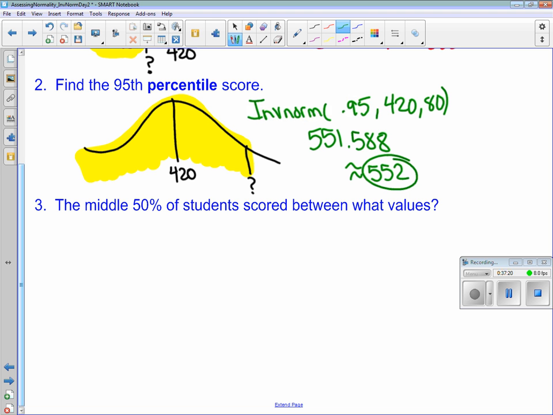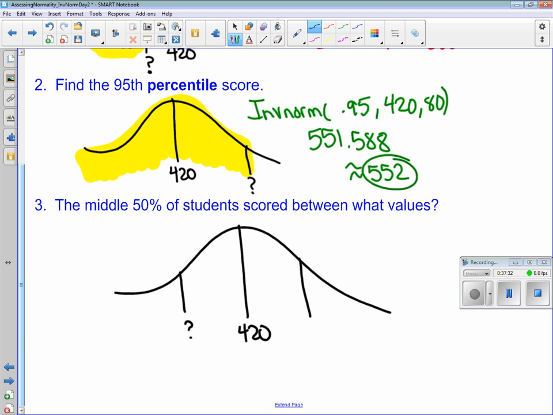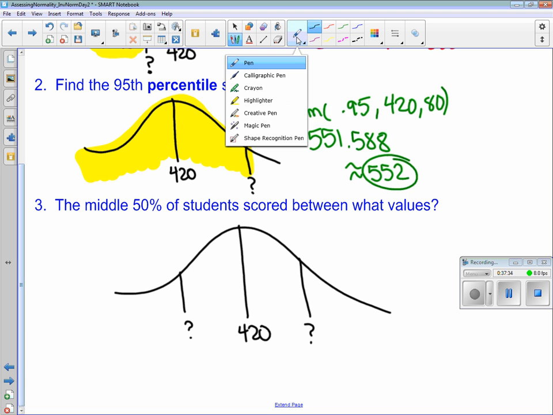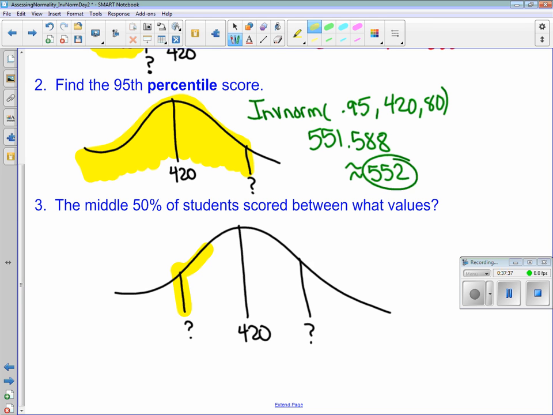Okay. We're not looking at a finite set of data like that. We're putting our mean on here. We want to know what both of these are. So this is the middle 50%.